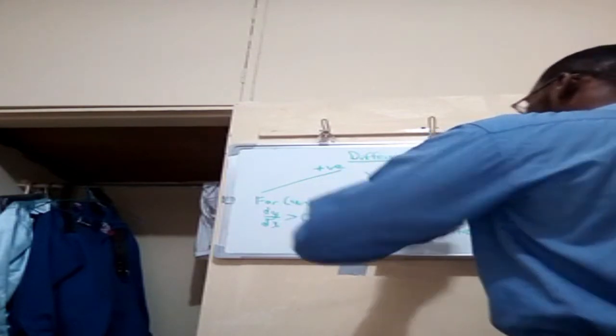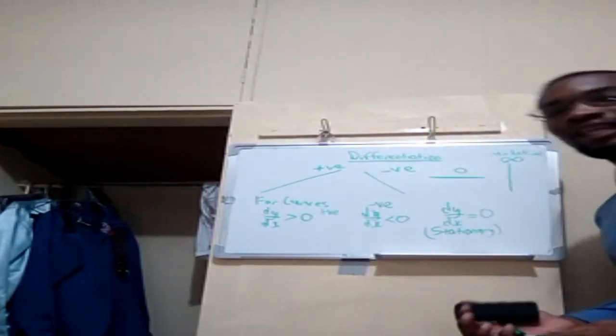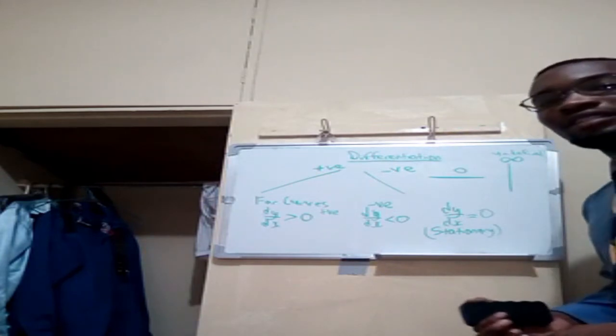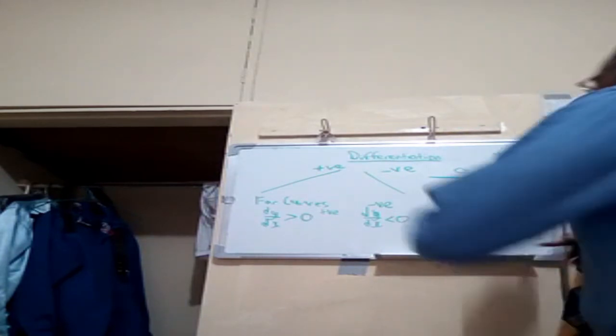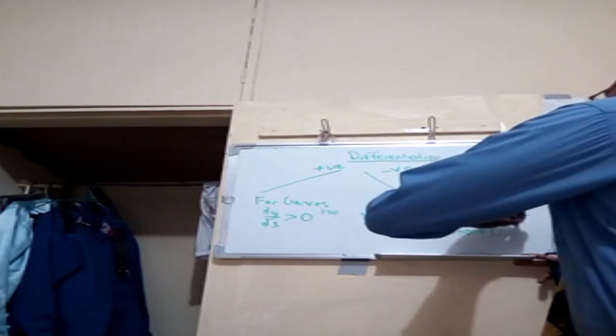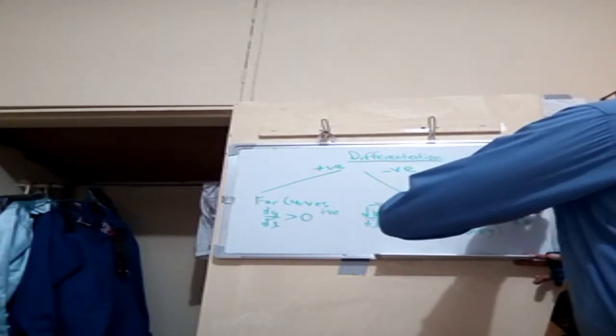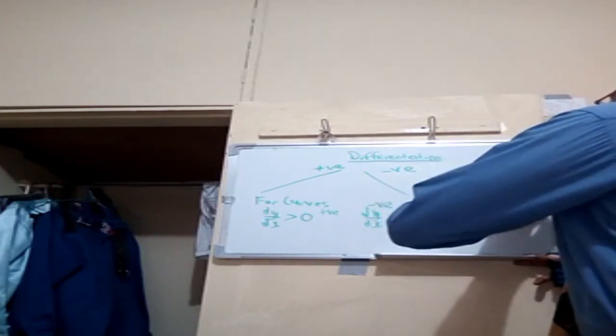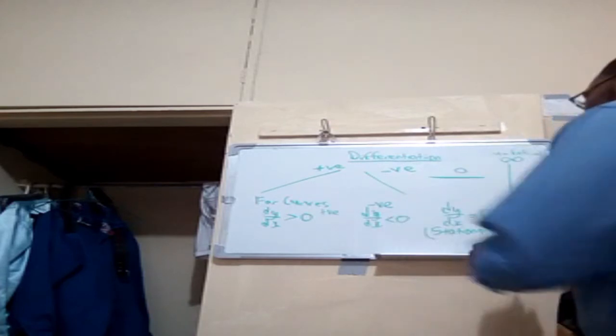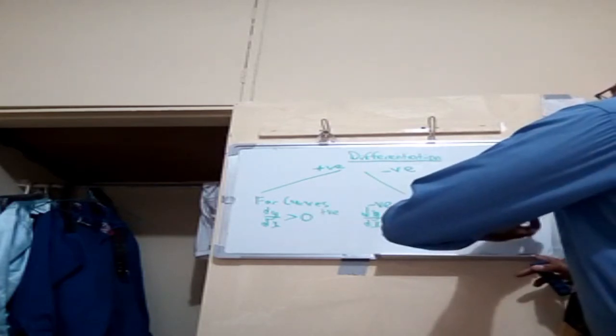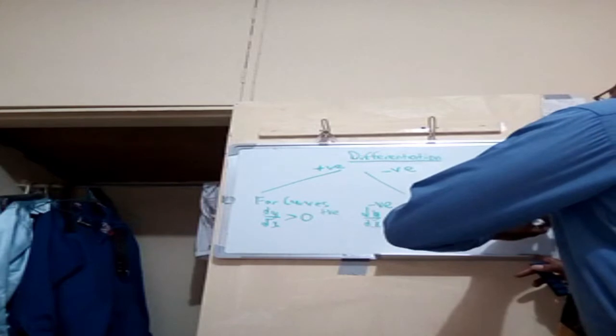This one is very important. We say that the gradient is stationary when dy by dx is equal to 0. Then when dy by dx is equal to infinity, we say that the gradient is undefined.